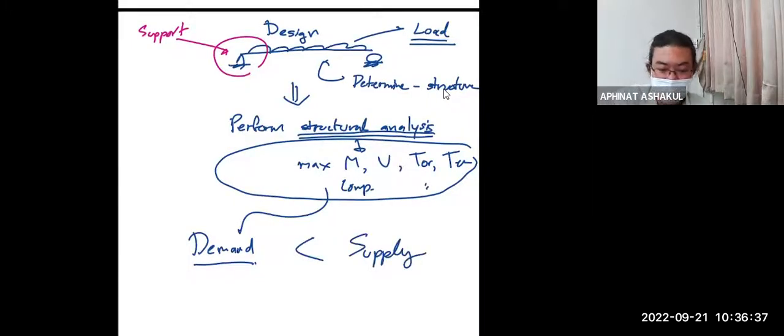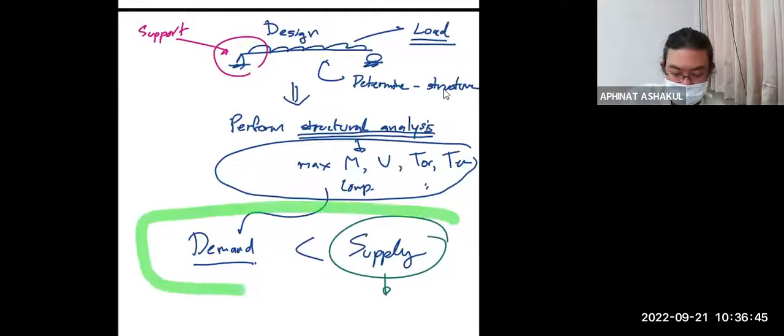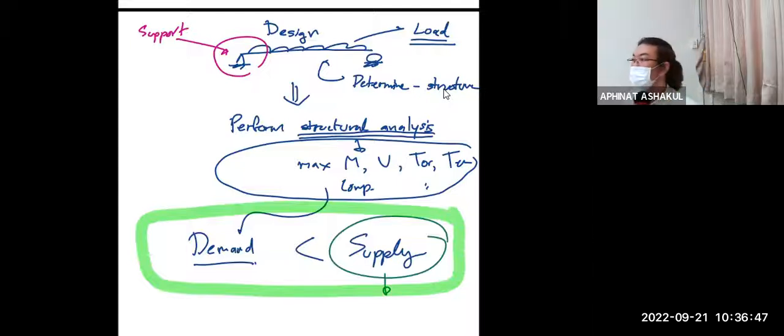And your supply here, can you recall this equation maybe? This is what you've done in your mechanics of materials class, right? You calculate the stress and then you measure up the stress with the given number.